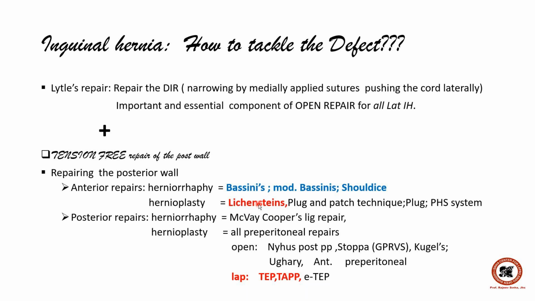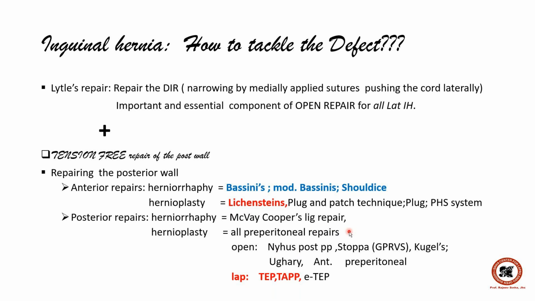Now, the posterior repair, which I just mentioned, utilizes only the transversalis fascia. So you have the Cooper's ligament repair. But if you're doing a posterior hernioplasty, it could be all preperitoneal repairs in an open method. So that means all preperitoneal repairs are posterior hernioplasty.